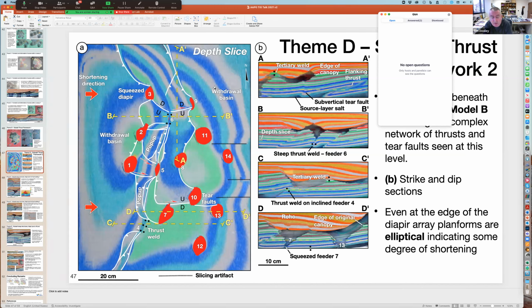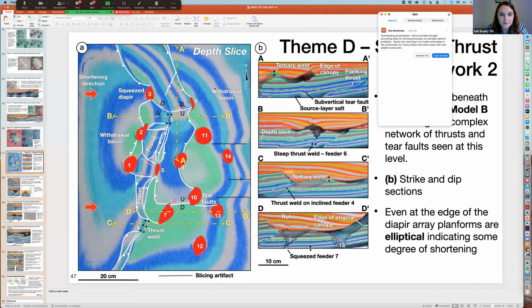We also don't have any active drifting here. So the salt isn't flowing out and into something also. So yeah, there's a few differences.